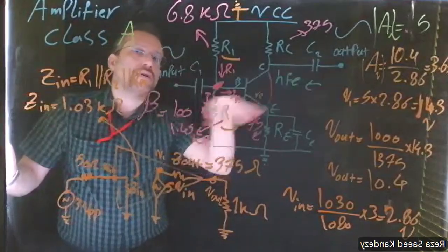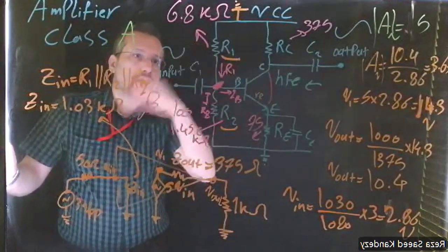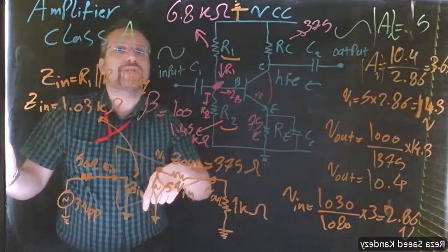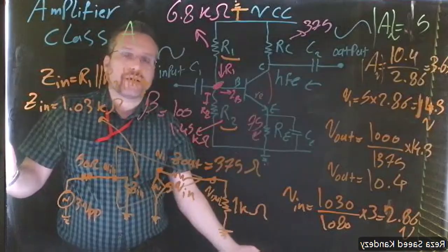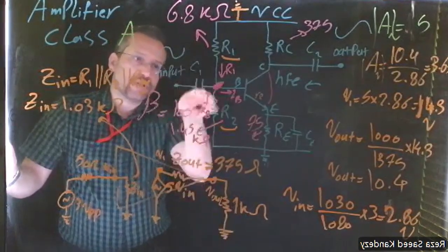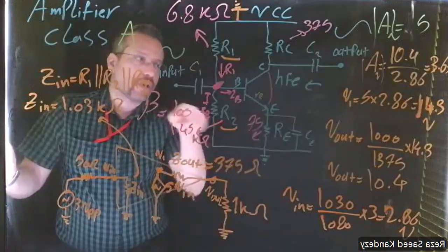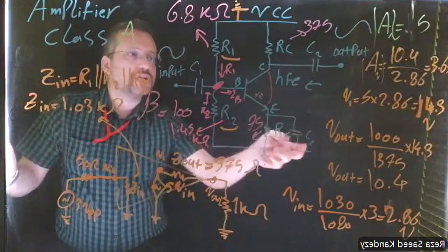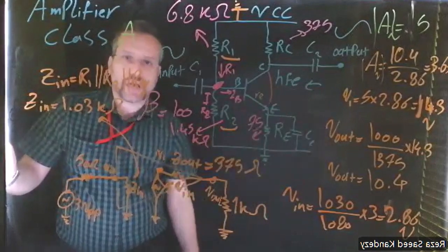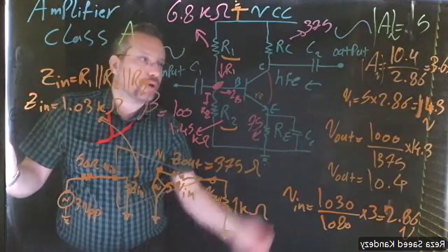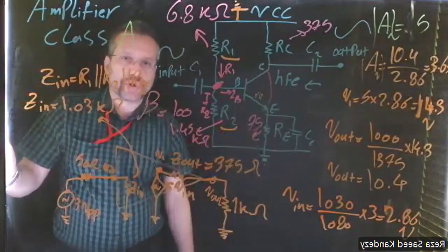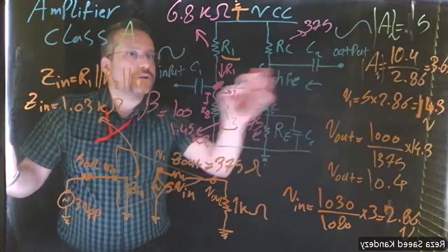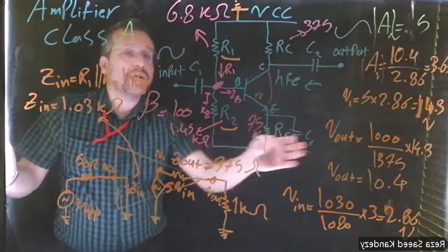You calculate C1 based on the cutoff frequency of the filter that we designed. The same goes for C2. CE is also a bypass, so you can again use the cutoff frequency for an RC filter to calculate C1, C2, and CE.